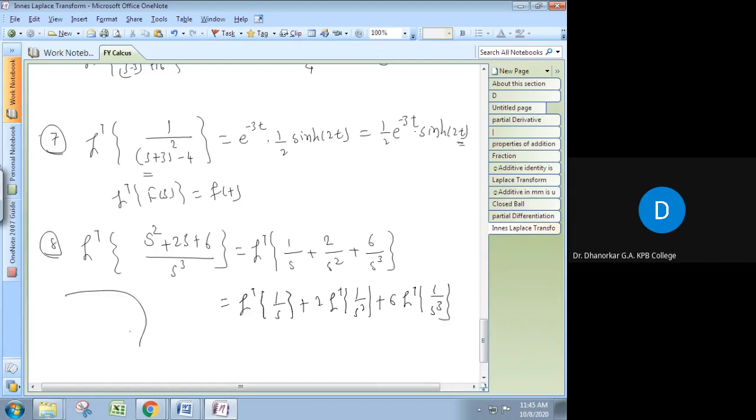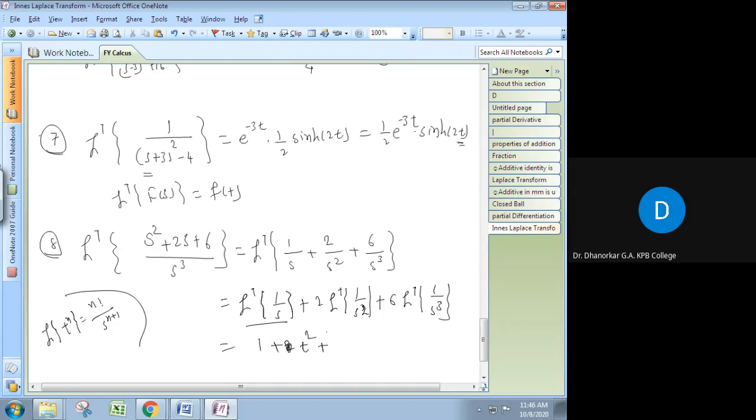Now again, I will recall this formula. Laplace transform of t raised to power n is equal to n factorial divided by s raised to power n plus 1. This is the standard result for the Laplace transform. 1 plus 2 into, here it should be 2. Directly we can write here because 2 is already here. Therefore, I will drop this and write this plus, sorry, this is squared and this is cube.